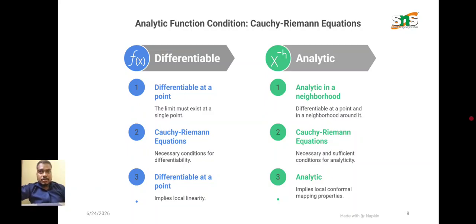The Cauchy-Riemann equations also play a significant role in signal processing, control systems and advanced mathematical modeling. They help researchers understand the behavior of complex valued functions and ensure smooth, predictable solutions to many engineering problems.